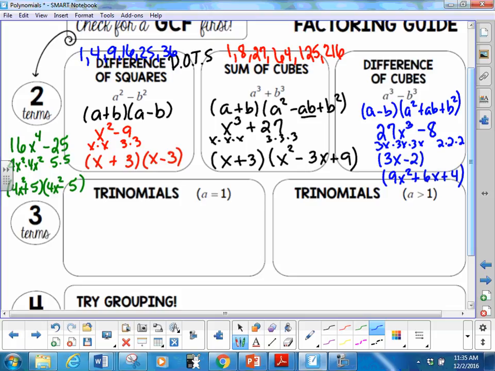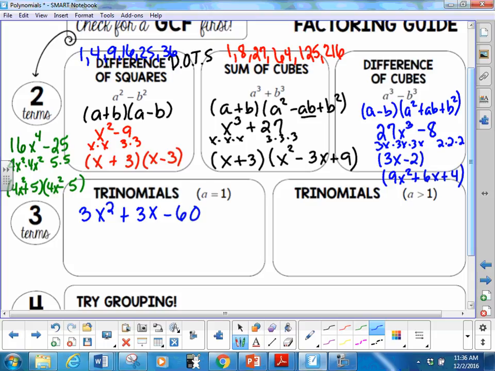Okay, so let's look at this one. What's the first step in factoring, according to your paper? Look at the very top of your paper. Find the greatest common factor.